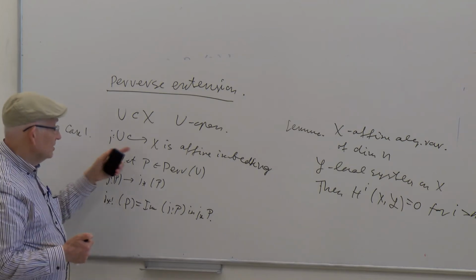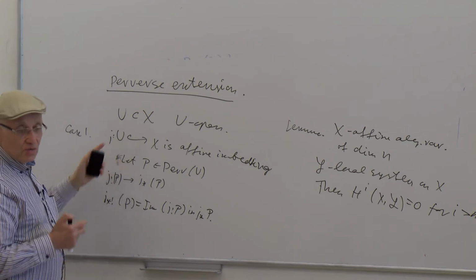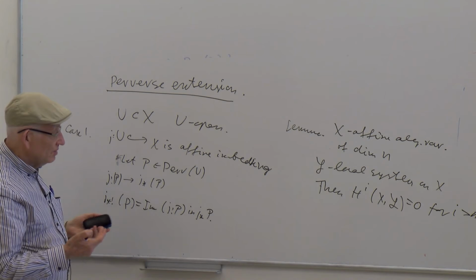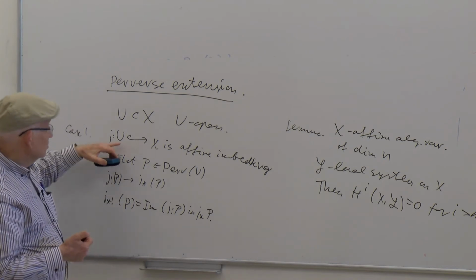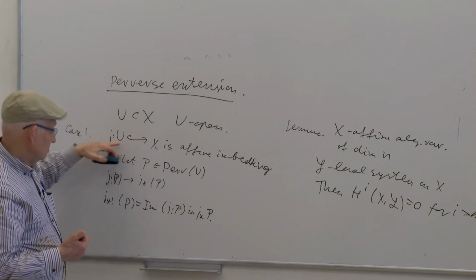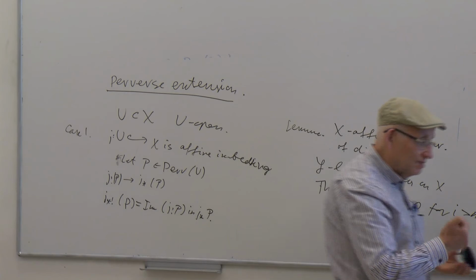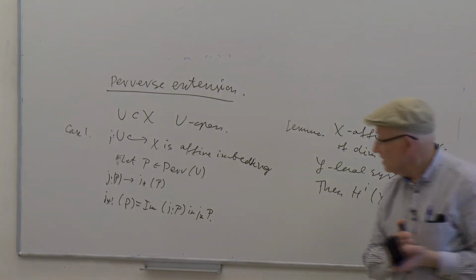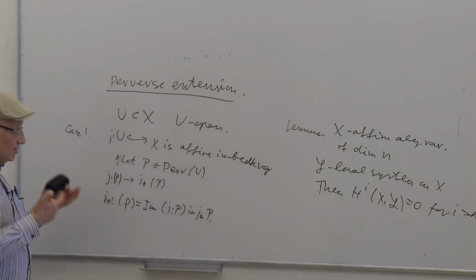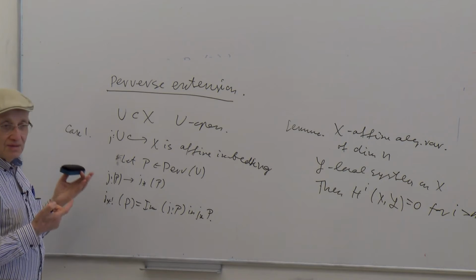Once more, you cannot define this for an arbitrary complex of constructible sheaves, only for perverse ones. We'll see that very often. This construction is used in the following way: you have something here, you first check that it's perverse. It might require some work, but then you have a canonical extension, and this extension is usually highly non-trivial and gives you information which you cannot really get in any other way.